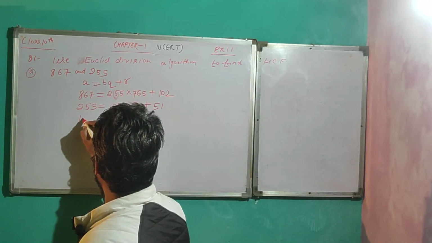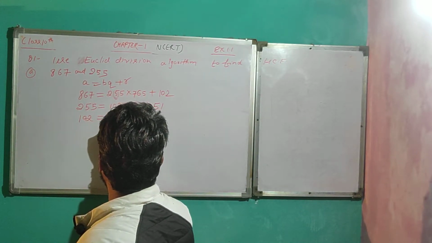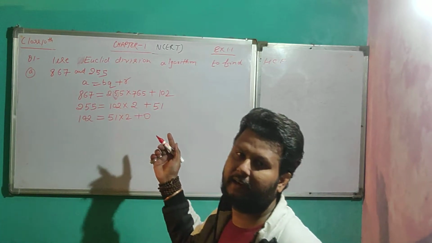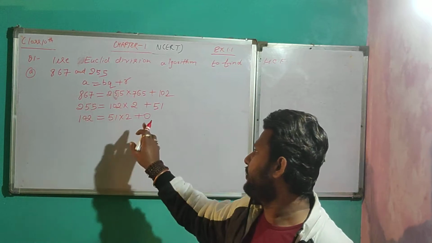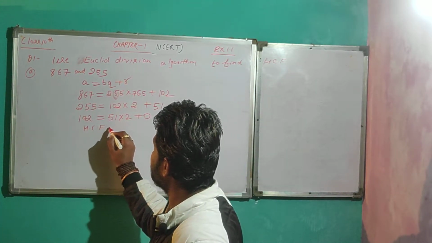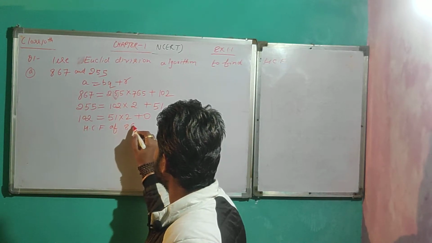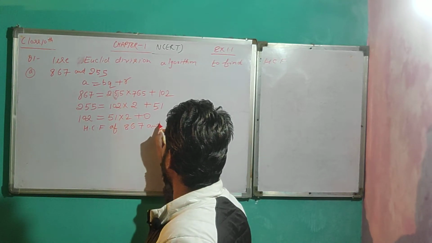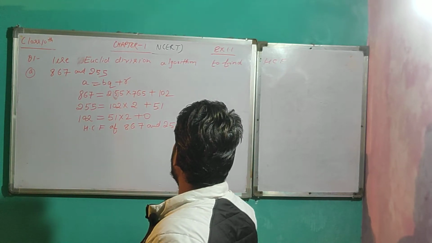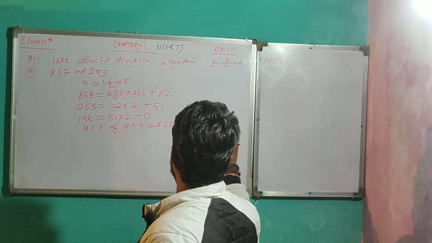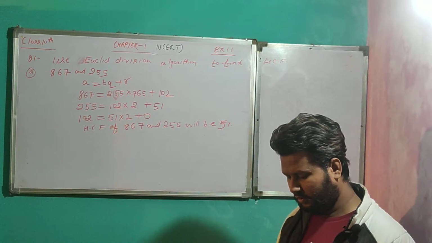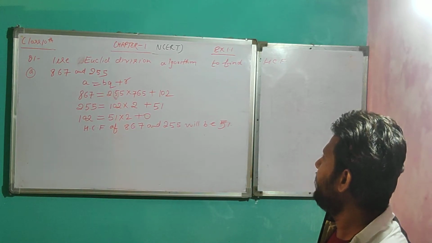Now 102 is equal to 51 into 2 plus 0. Here we get the value of remainder 0. So the HCF of 867 and 255 will be 51. Okay, we get the value of HCF in this question.